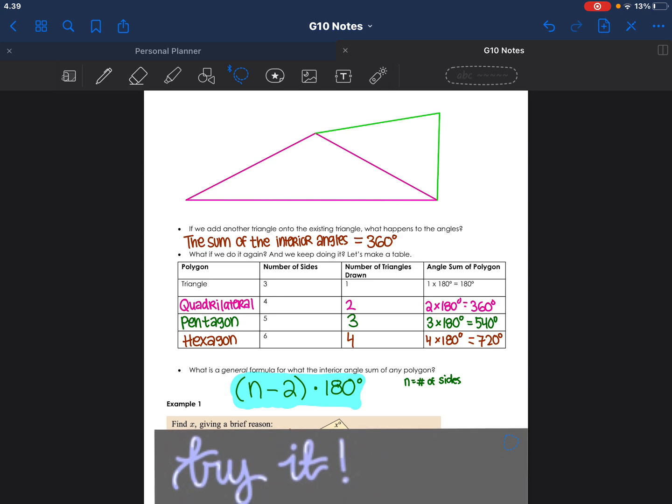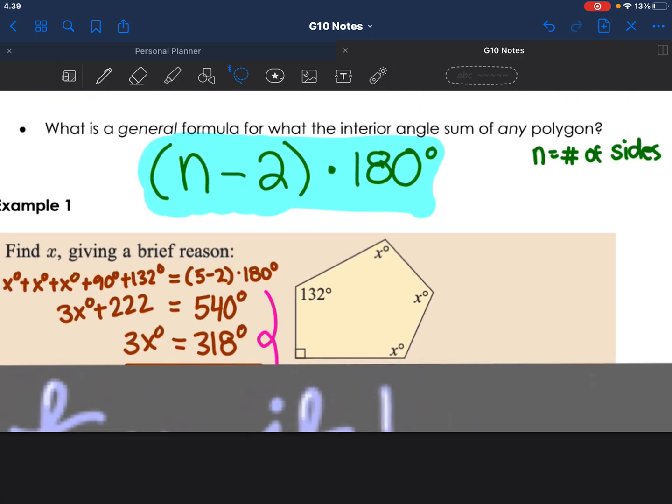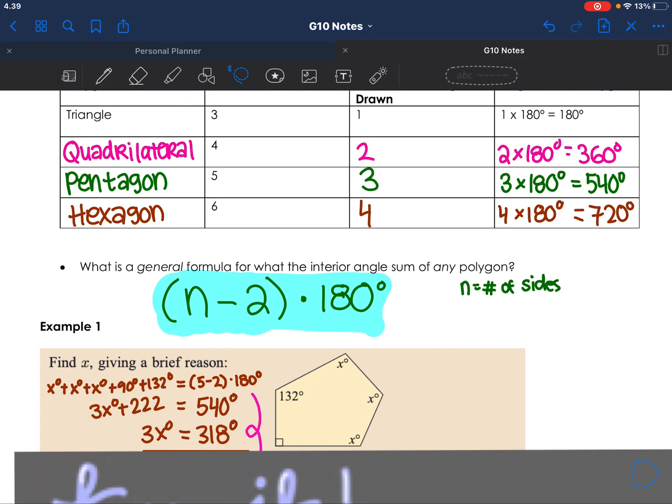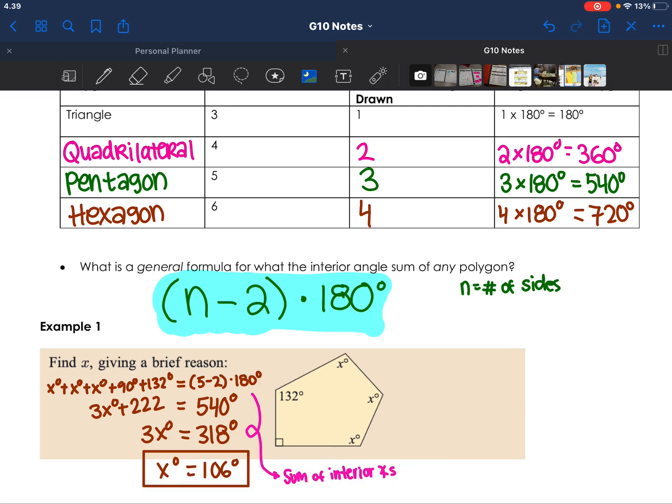I want you guys to find x and give a brief reason. Ignore the answer right there, but I want you to give a brief reason. Okay, so if you add all of these up, so all the 3 x's, 90 and 132, we want to know the sum of the interior angles, right?